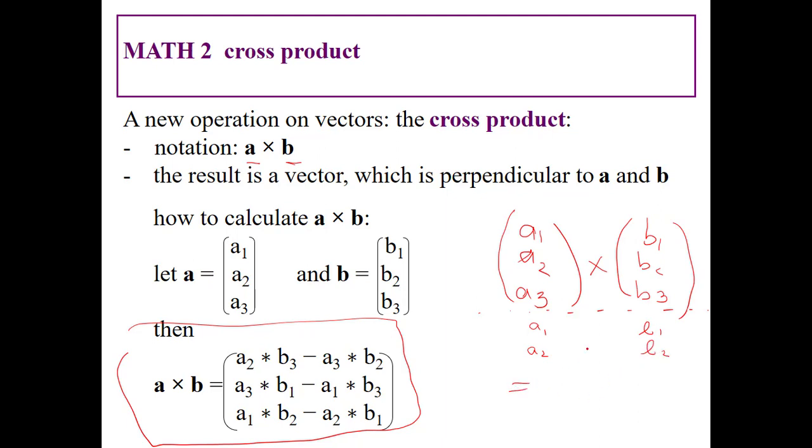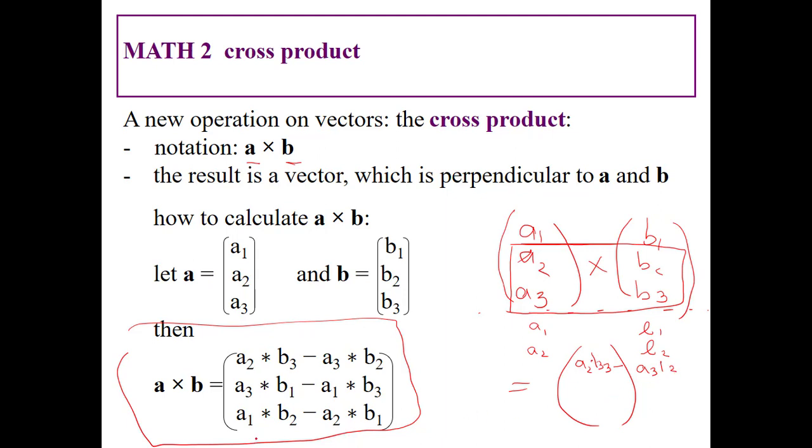Now to get the element on the first position, I will do the determinant of the 4 elements below this first position. So the determinant of A2, B2, A3, B3. That would give us A2B3 minus A3B2.